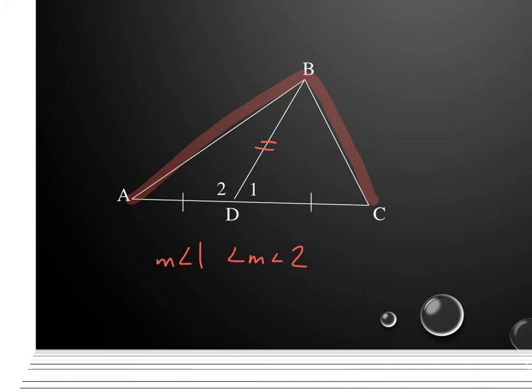Raise your hand if you think it's BC. So since angle 2 is bigger, AB is going to be longer. So we could say that AB is greater than BC, or we could say BC is less than AB.